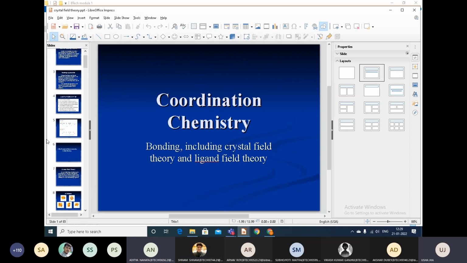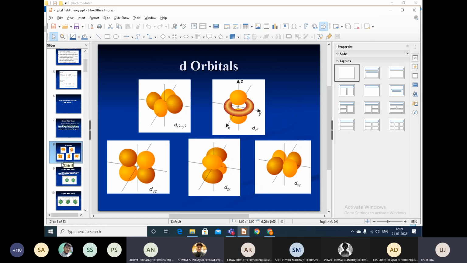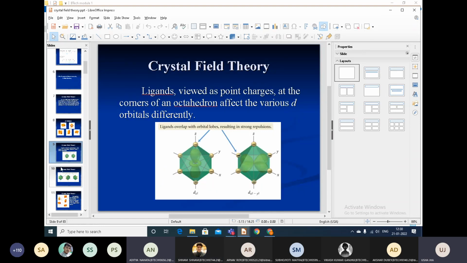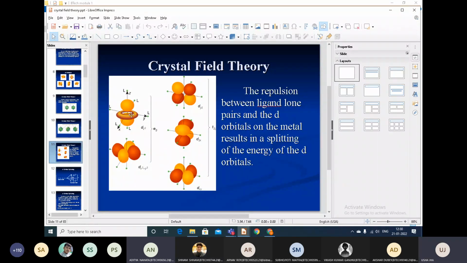We looked at the d orbitals. We looked at how the ligands are approaching the dx squared minus y squared and dz squared, and we saw the three degenerate T2G orbitals. These are the EG orbitals, these are the T2G orbitals.